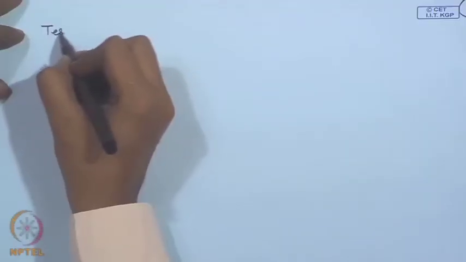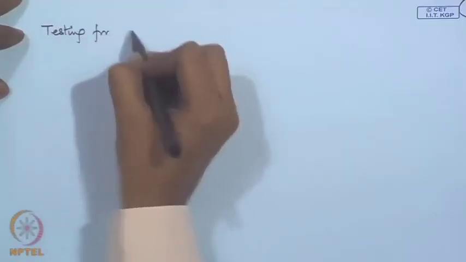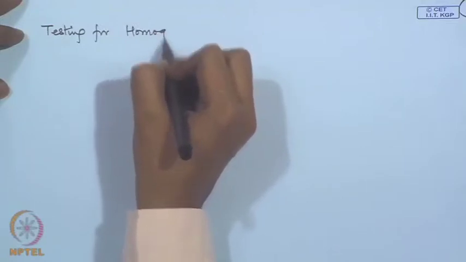If the variances are to be checked, then we can derive a likelihood ratio test for this also. Let me just give a brief sketch of this likelihood ratio test here. Let me consider testing for homogeneity of variances.